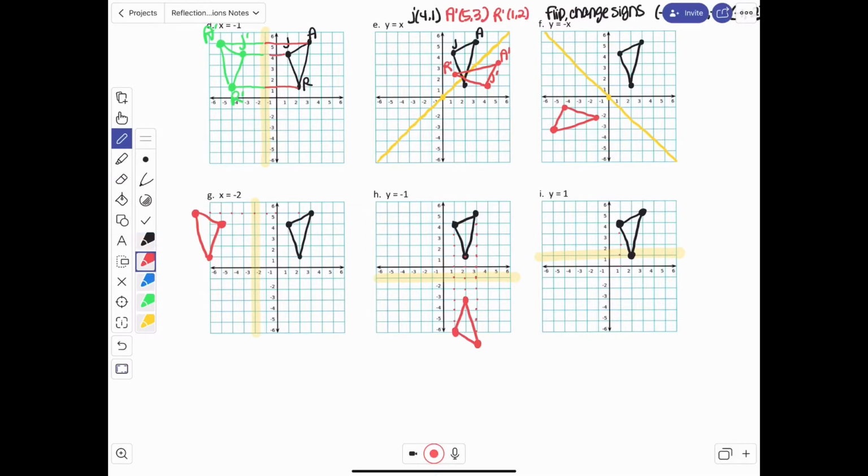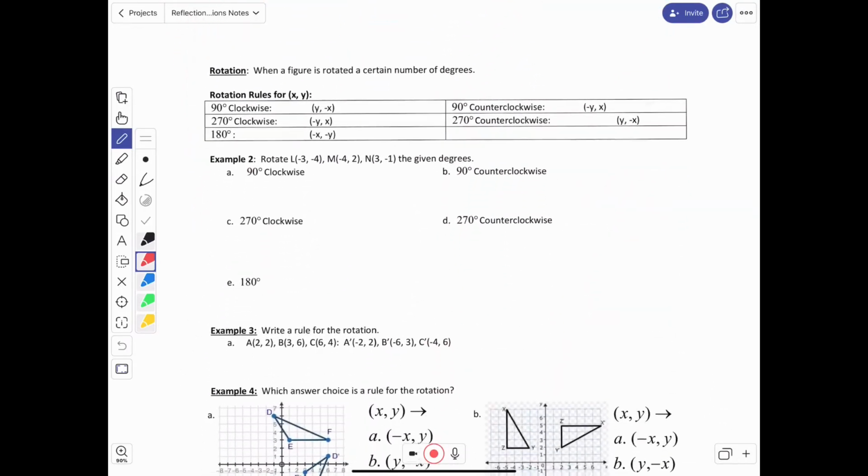Now this one is on the reflection line, so it's not going to go anywhere. It's going to stay right there. 1, 2, 3, 4. And there we go.